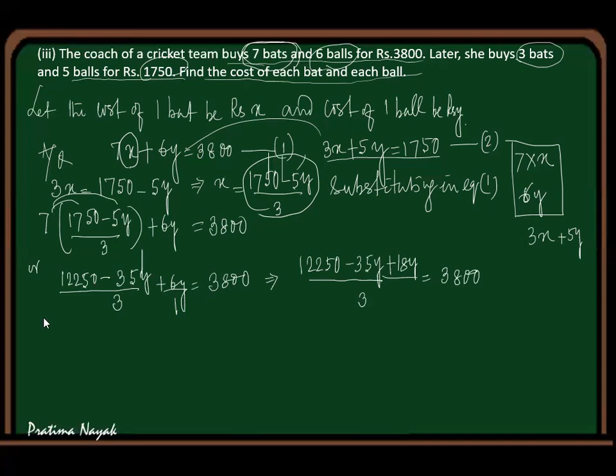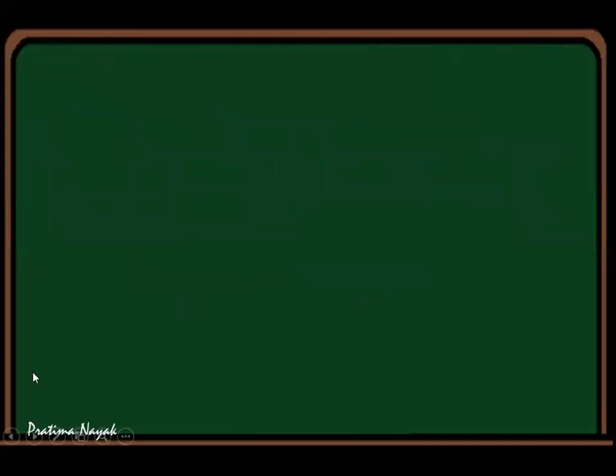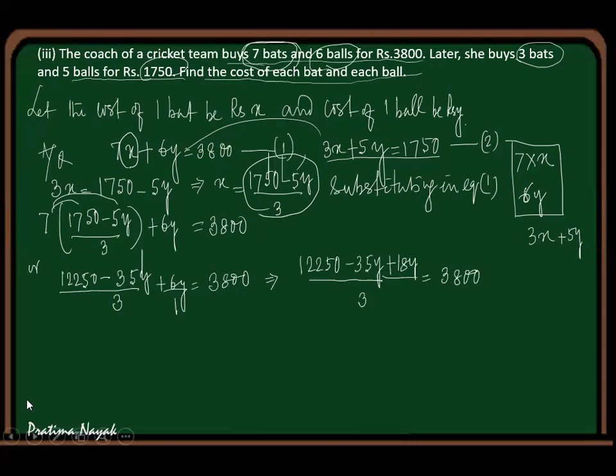Further simplification, I'll get 12250 minus 17y is equal to, I'll multiply 3 here now. So it will be how much? 11400.